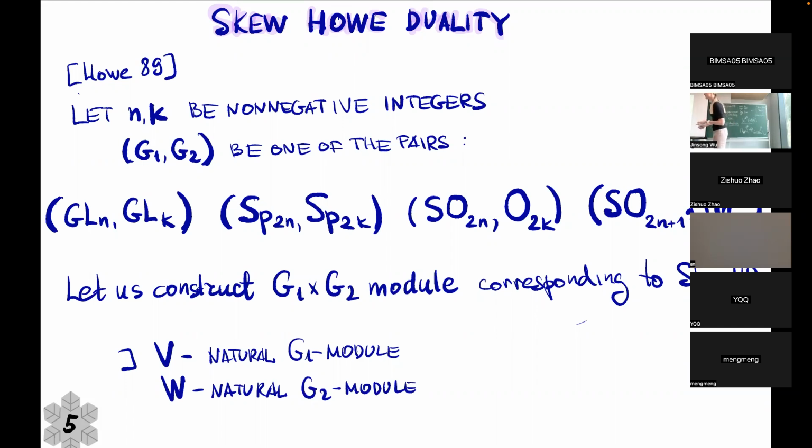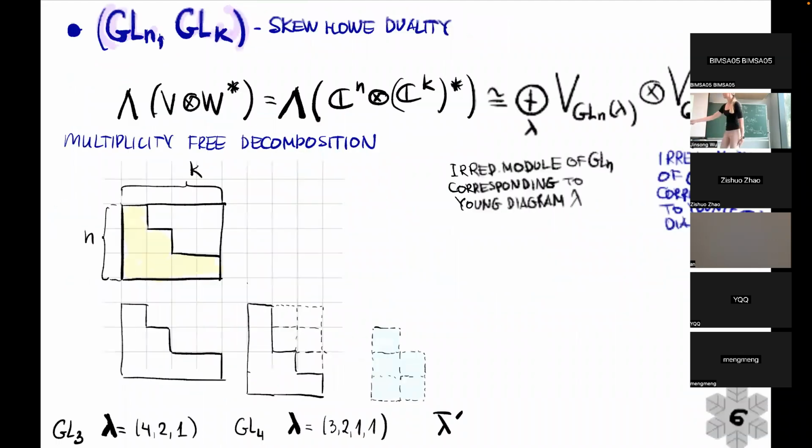So if we consider the natural module of the first group, and the natural module of the second group, and denote them by V and W, then we can say that we consider the exterior algebra of the tensor space V multiplied by W.